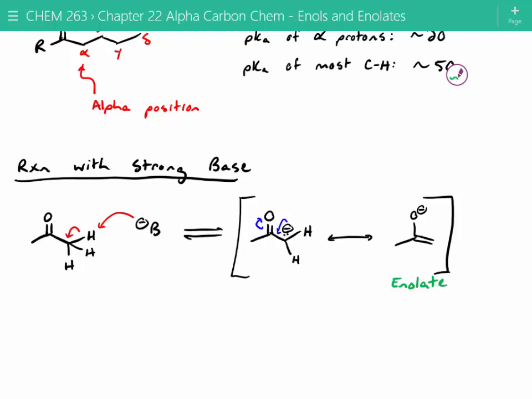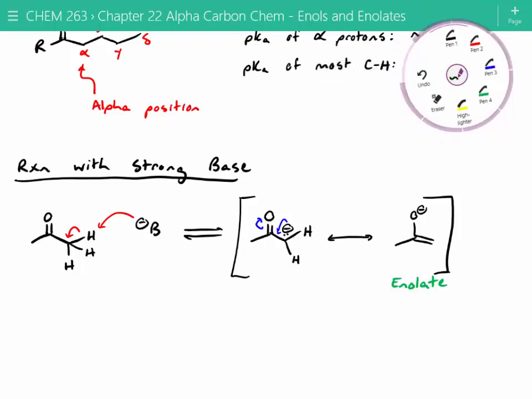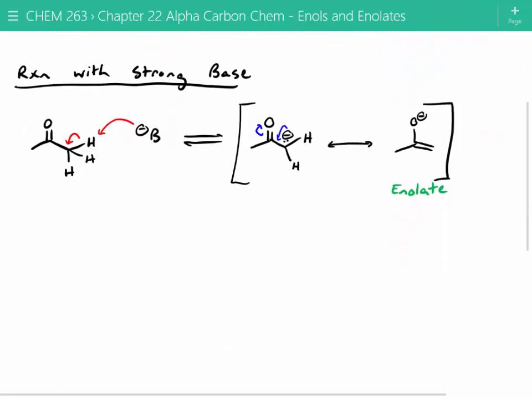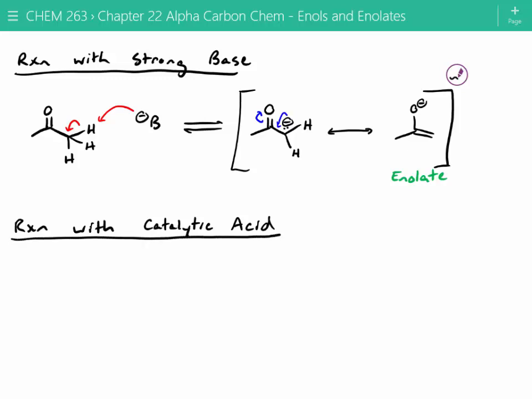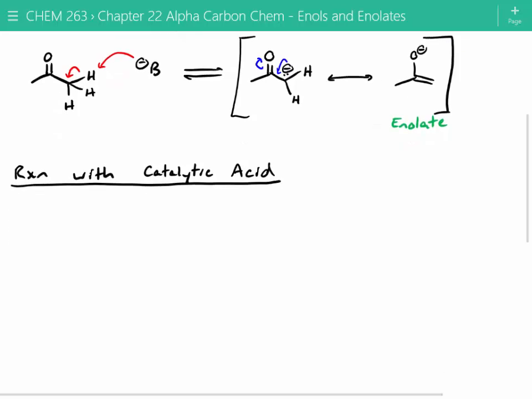All right, but we can also see these reactions occur with acids and bases too that are slightly different. So let's see the reaction with catalytic acid. And this should be a review a little bit from our alkyne chapter.